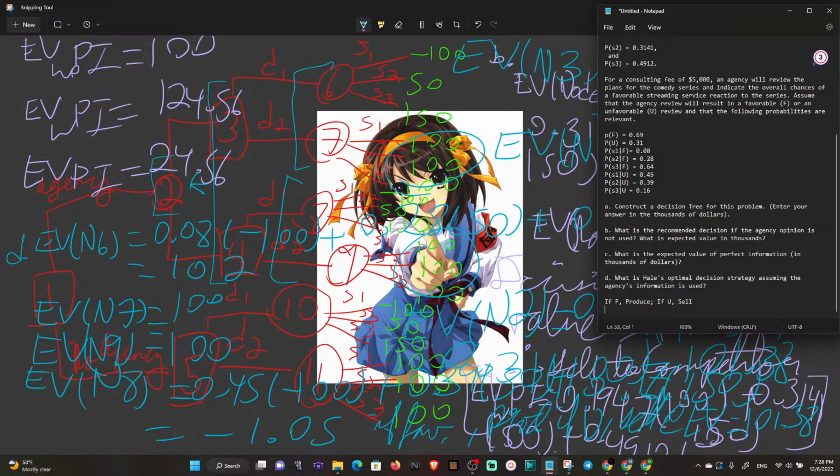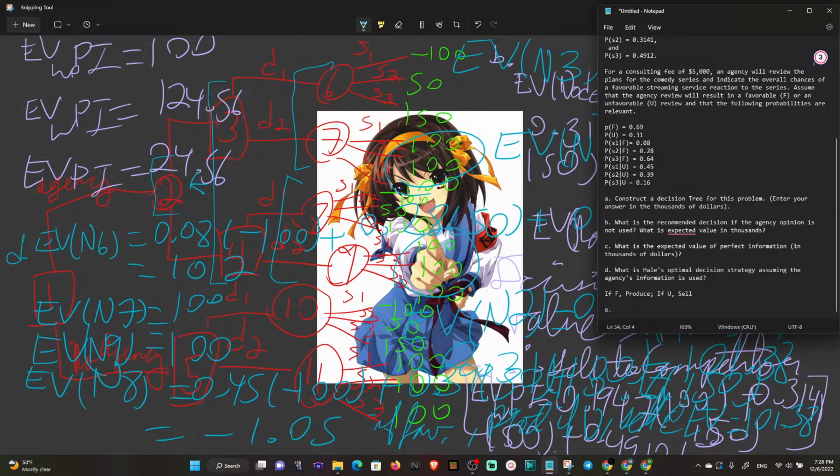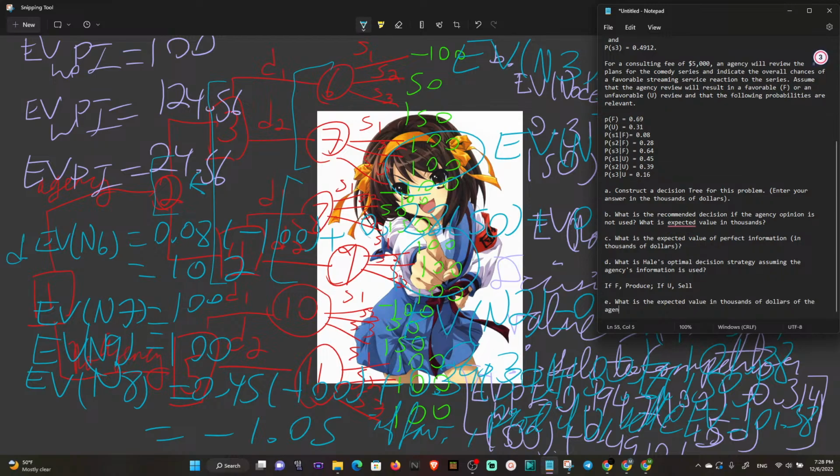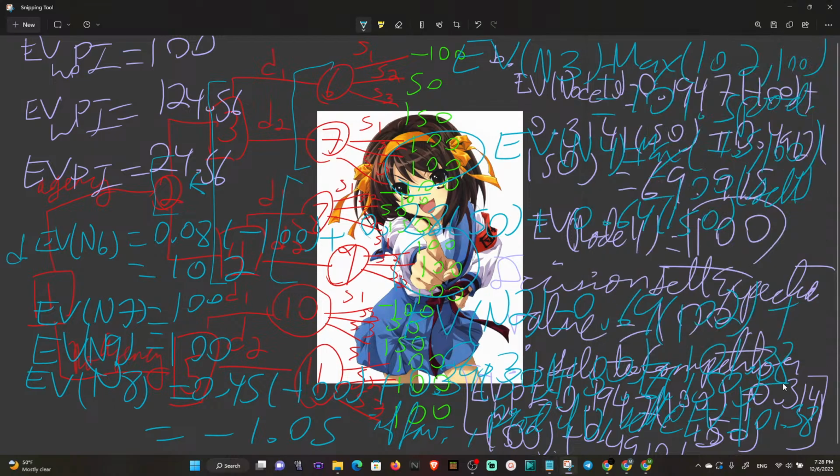And for E, we're going to do what is the expected value in thousands of dollars of the agency's information. We already calculated that number to be 1.38, which we get from here.